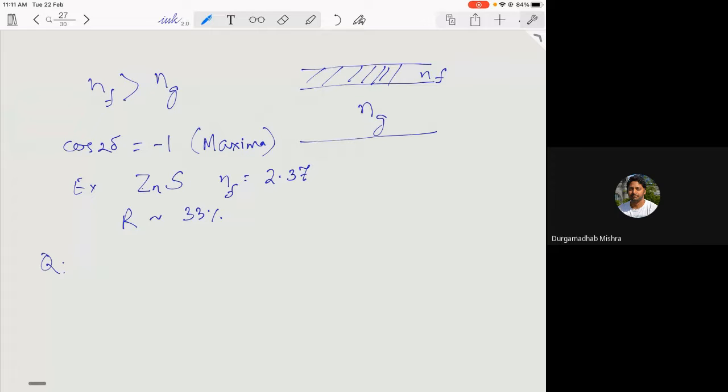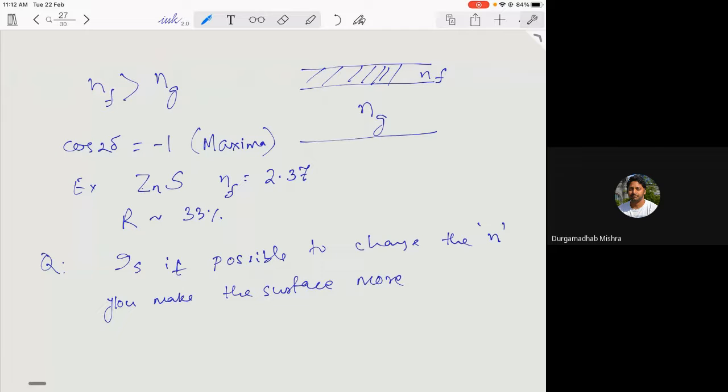But is it possible to vary it in such a way that you make the surface more reflecting or less reflecting as per the application?